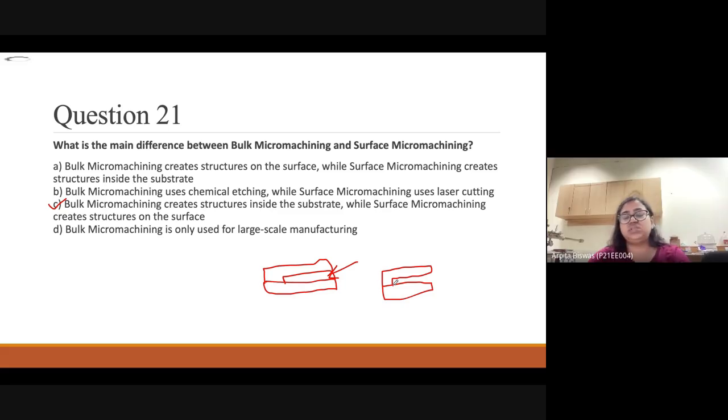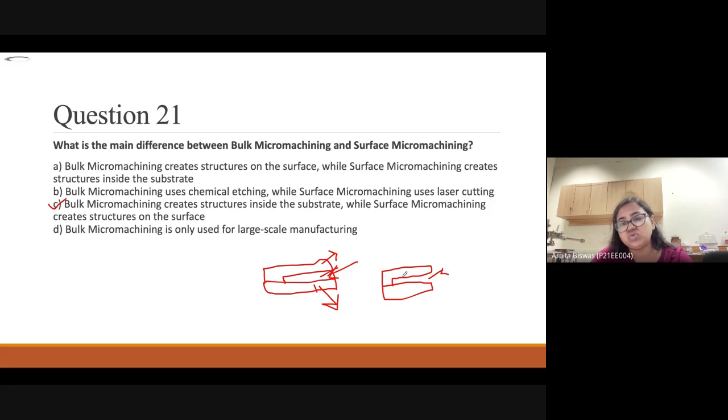No, no, no. See, surface micromachining means on the surface. Here is the wafer. Now I have deposited some sacrificial layer, and on the sacrificial layer I have deposited the metal. Here is the wafer, this one is the sacrificial layer, and the third one is the metal. Now with some etching process I have removed this sacrificial layer.